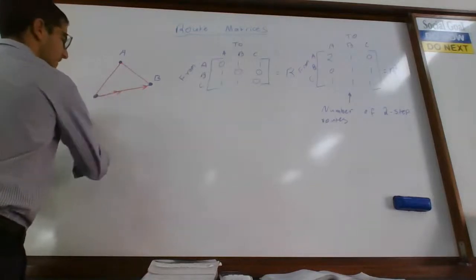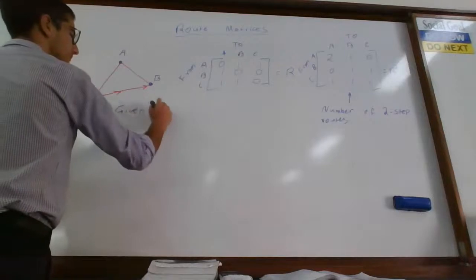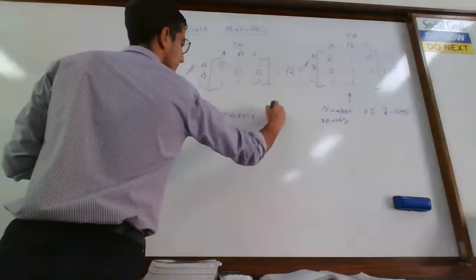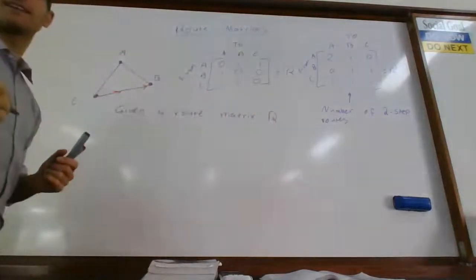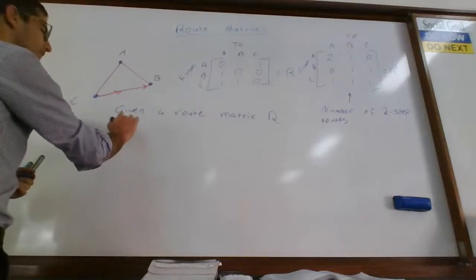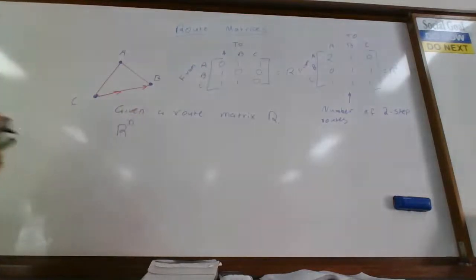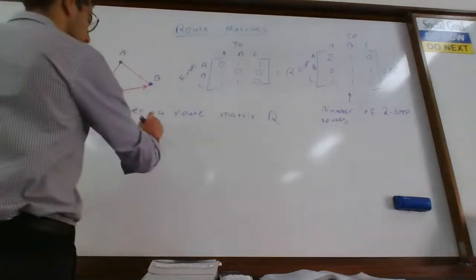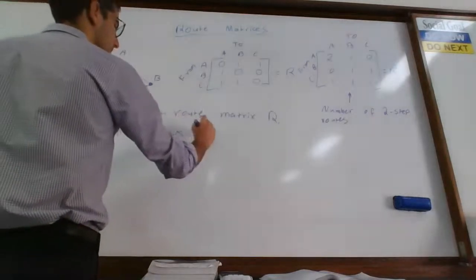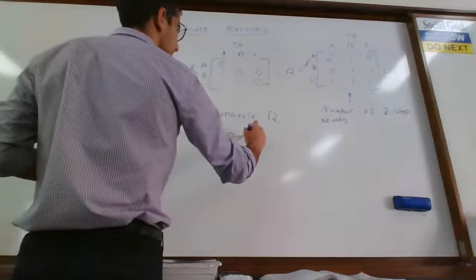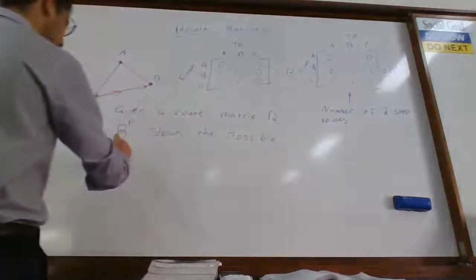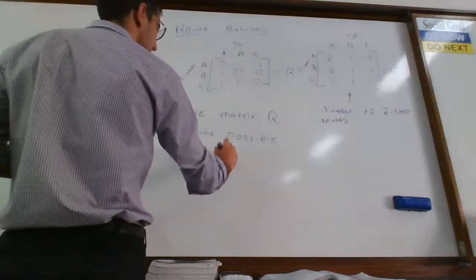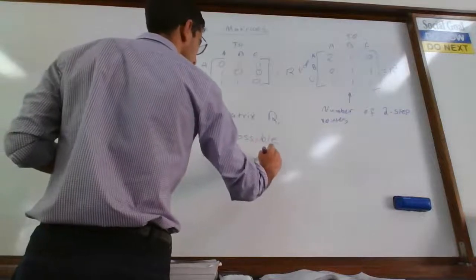Given a route matrix R, R to the power of n shows the possible number of n-step routes.